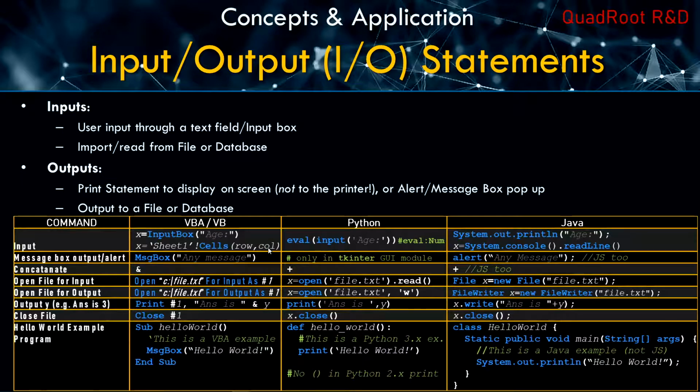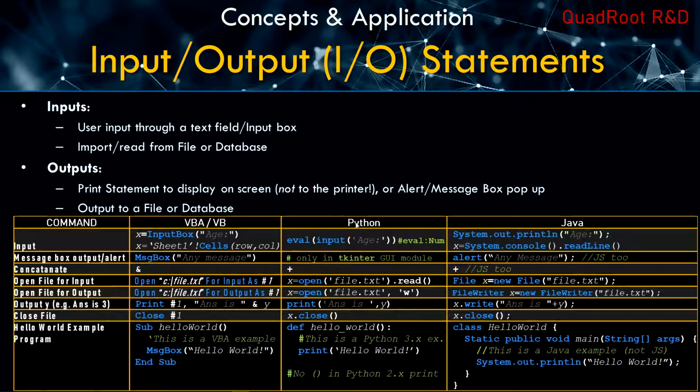So if it's A1, that's first row, first column, so Cells(1, 1). If it's A2, that's second row, first column, so that's Cells(2, 1). If it's B1, then that's row 1, column 2. So that's Cells(1, 2). And if it's B2, that's second row, second column, so Cells(2, 2).